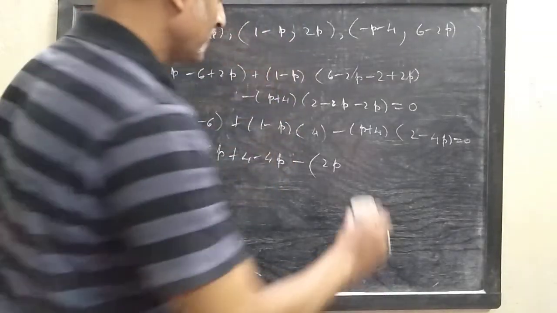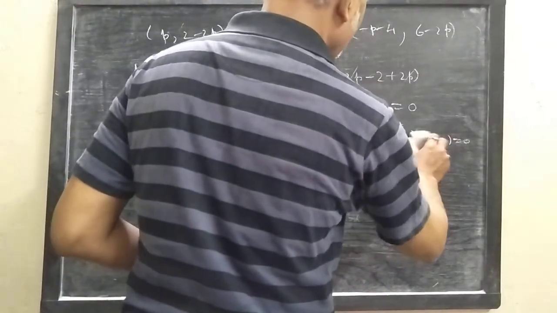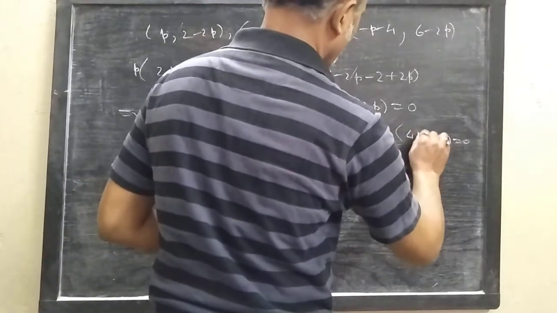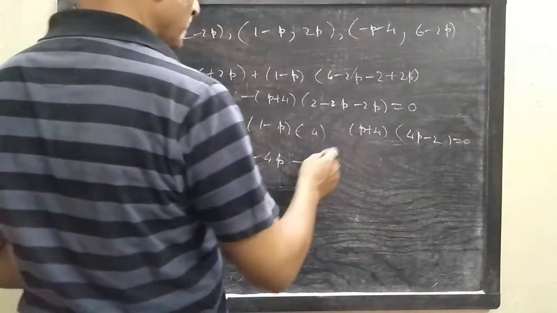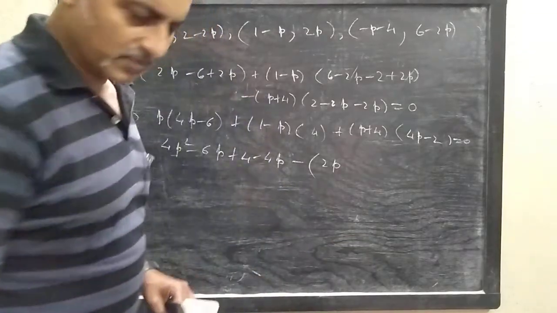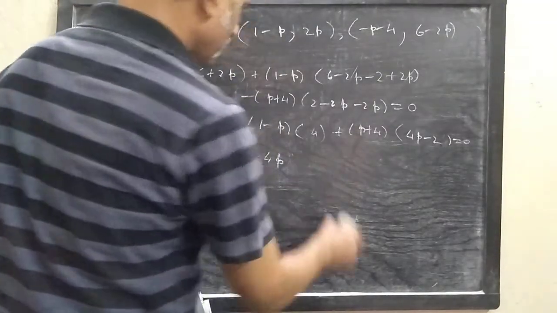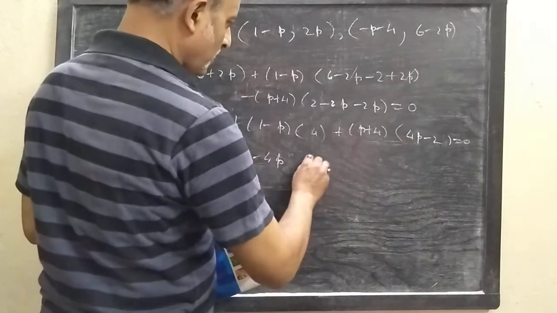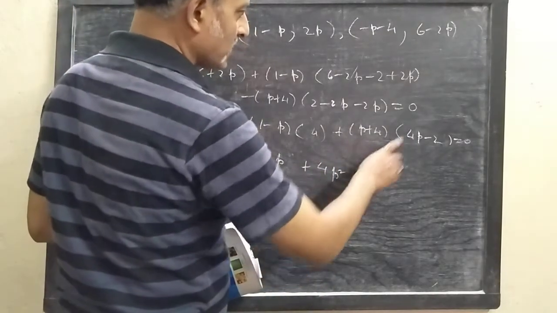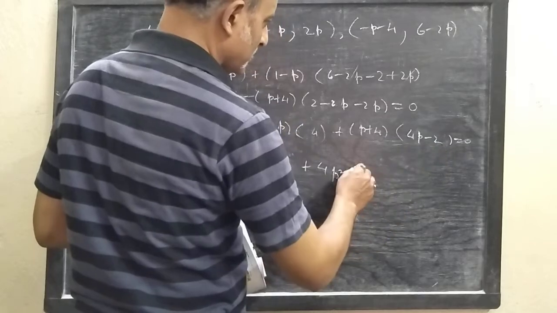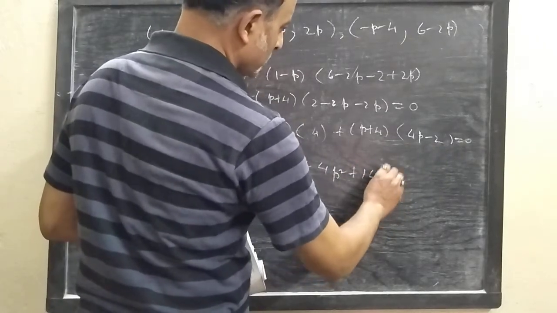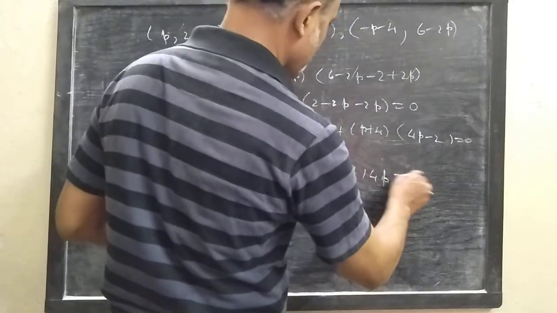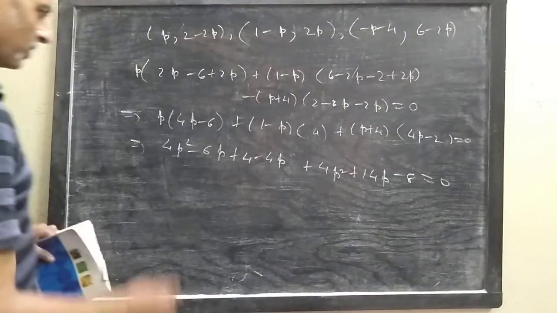Let us change the bracket here. 4P minus 14 minus 2, this becomes plus. So this will be comfortable for me to carry the calculation here. Now this will be plus 4P square, then minus 2P plus 16P, that is plus 14P. 4P square minus 2P plus 16P plus 14P minus 8 equals 0.